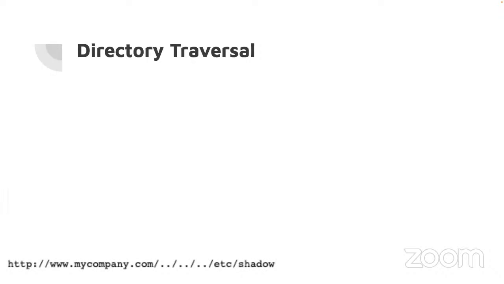We have directory traversal. Some web servers have a misconfiguration that allows users to navigate the directory structure and access files. These directory traversal attacks work when web servers allow the inclusion of operators that navigate directory paths and file system access controls don't properly restrict the files that are stored elsewhere.